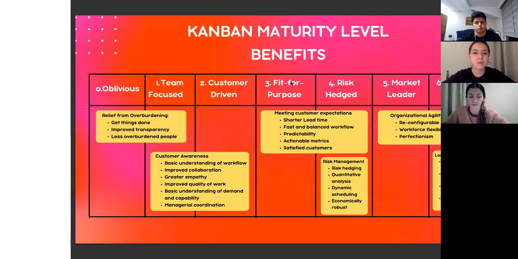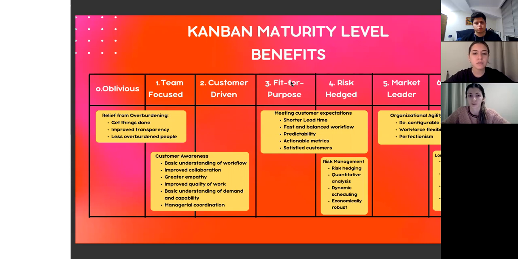After that, the fit-for-purpose level and risk-hedged have similar advantages like meeting customer expectations. These levels include shorter lead time, fast and balanced workflow, predictability, actionable metrics, and satisfied customers. For the risk-hedged model, there is an advantage of risk management such as quantitative analysis, dynamic scheduling, and being economically robust.